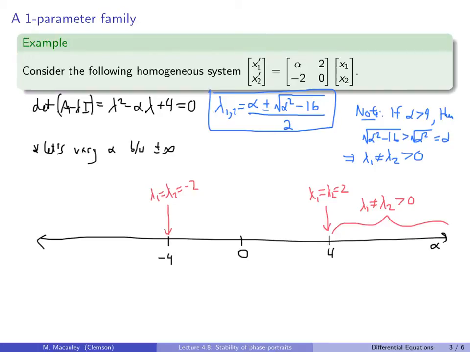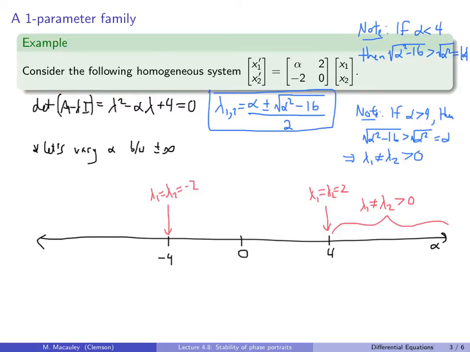Okay, so what happens if we're out in this range? Let's do a symmetry thing. So note, if alpha is less than negative 4, then again alpha squared is positive, and alpha squared minus 16 is less than alpha squared, which is the absolute value of alpha.